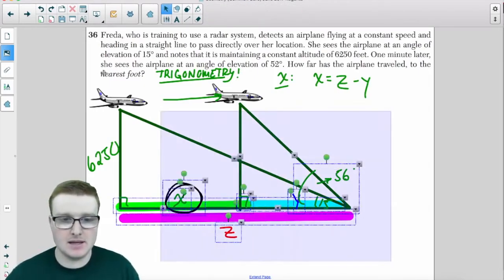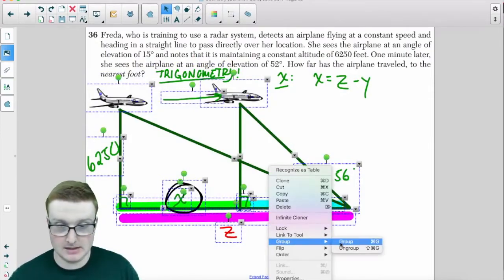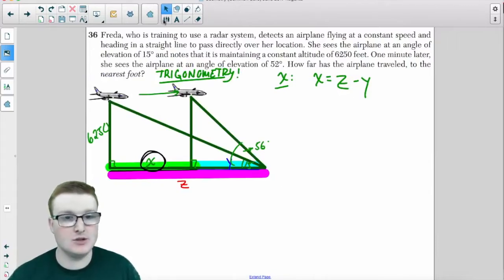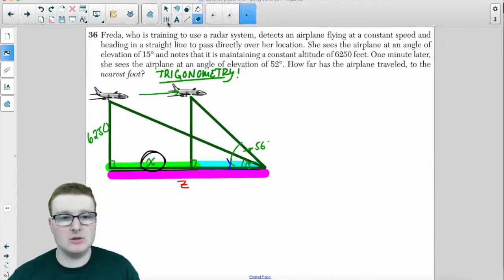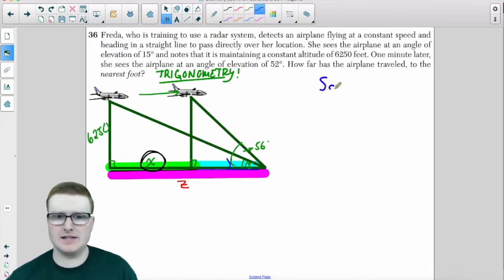I'm going to shrink this down because it is taking up a lot of room. Okay, not too bad. First things first, I'm going to write down SOHCAHTOA because I know I'm working with it.